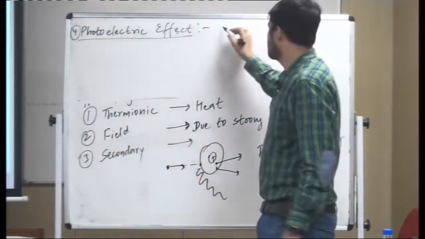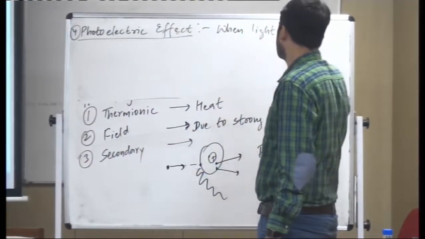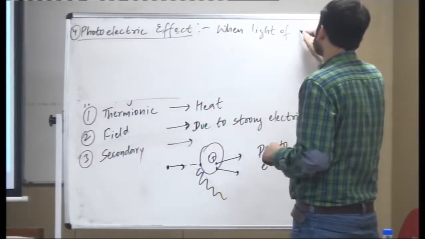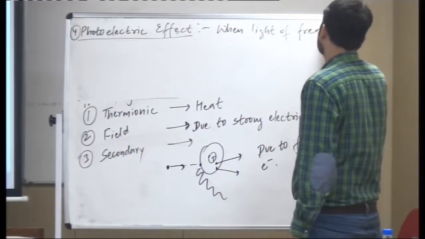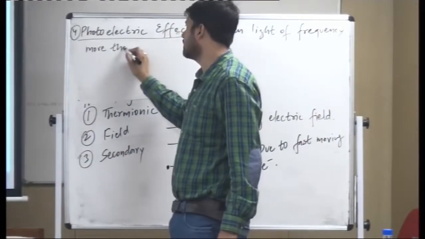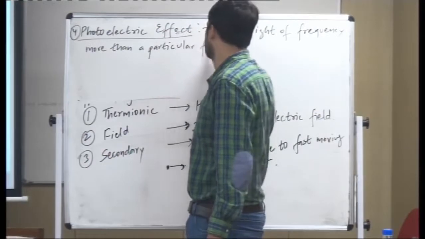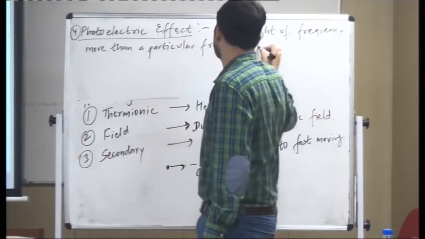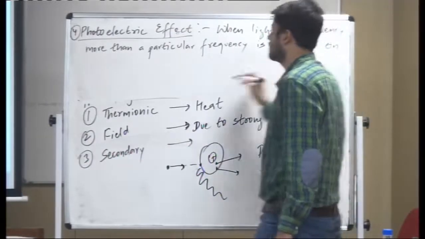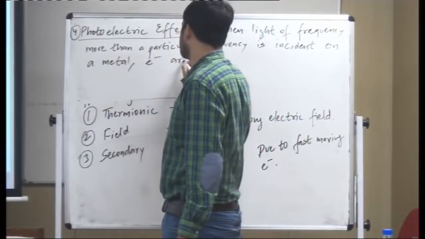It is when light of frequency more than a particular frequency is incident on a metal, electrons are ejected.